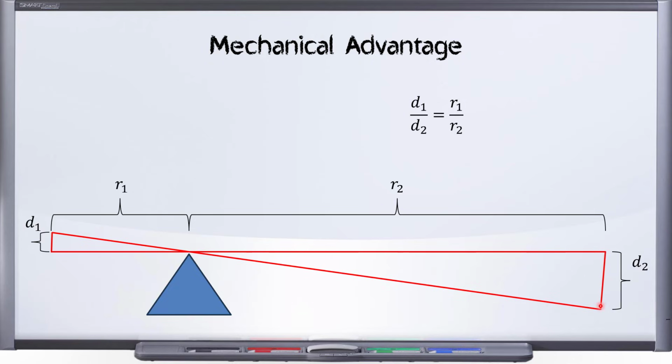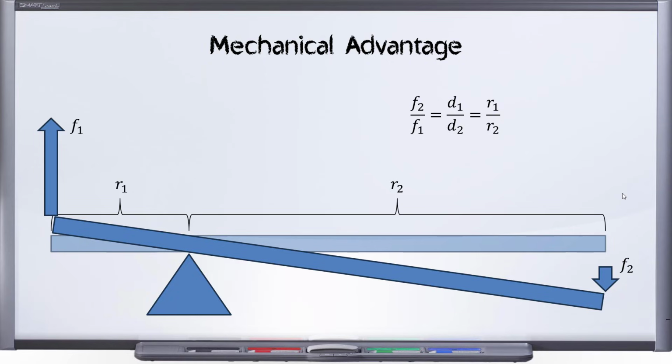How far down did we push this end of the triangle? And we can see that this triangle and this triangle are similar. And you may remember the ratio rule from similar triangles. Simply that we can say now that however far we pushed this end will move according to the same ratio as the moment arm ratios.